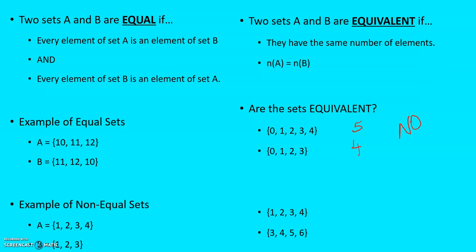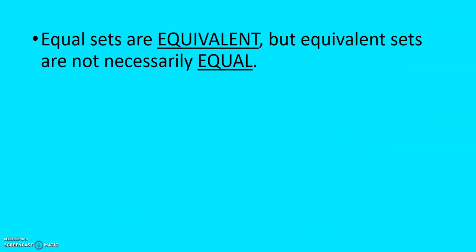If we look at the next 2 sets, {1, 2, 3, 4} has 4 elements. {3, 4, 5, 6} has 4 elements. Yes, the sets are equivalent. They have the same number of elements. Equal sets are equivalent, but equivalent sets are not necessarily equal.